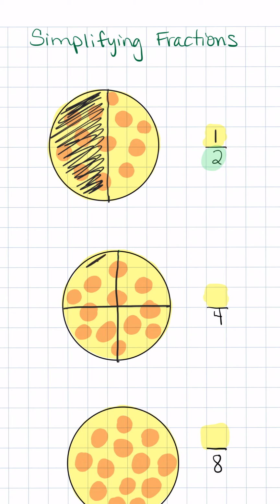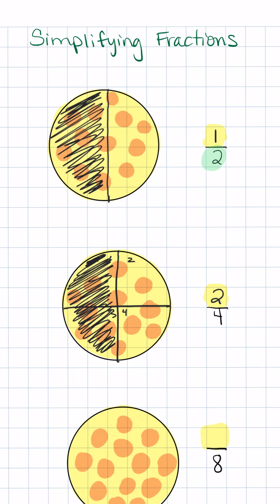So I still eat this whole half of a pizza, but because it's split into smaller pieces, I now have to eat 2 pieces to equal the same as the 1 piece I previously had. And there's 4 slices, 1, 2, 3, 4, 4 slices that make up the whole pizza.